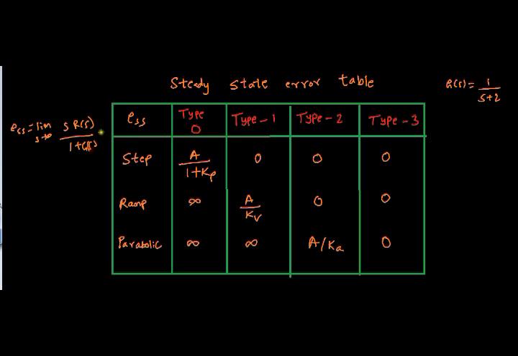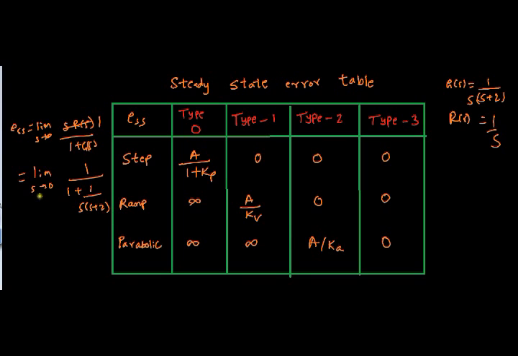R(s) is the step input 1 over s, so this will get cancelled, we get 1 here, and G(s) in this case is 1 over s into s plus 2. So limit of s tends to 0, 1 upon 1 plus 1 over s into s plus 2.